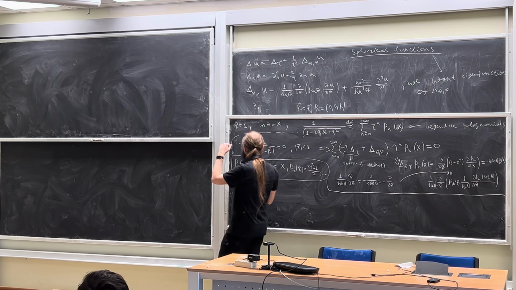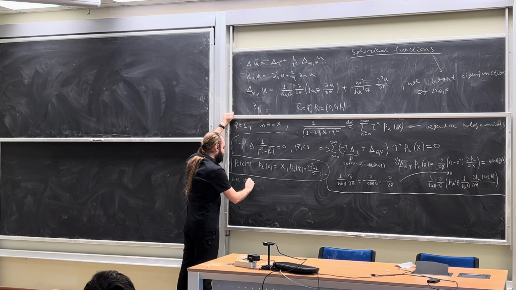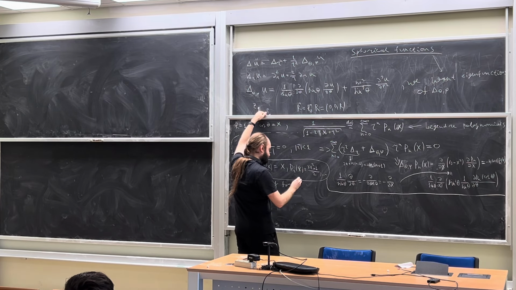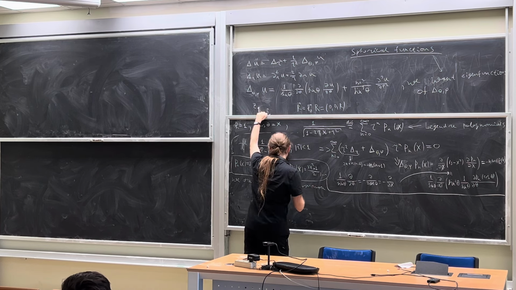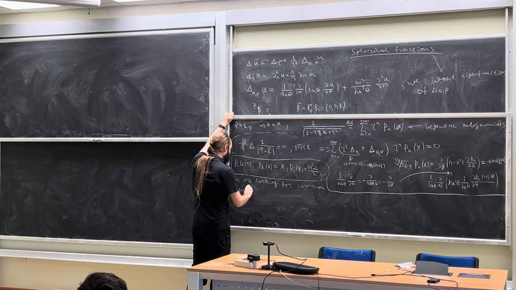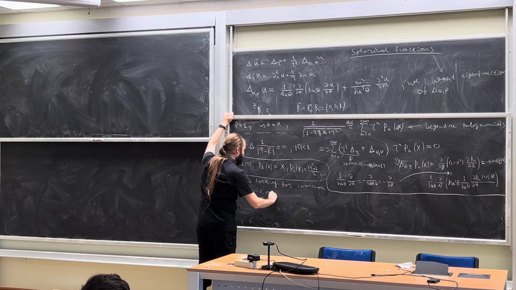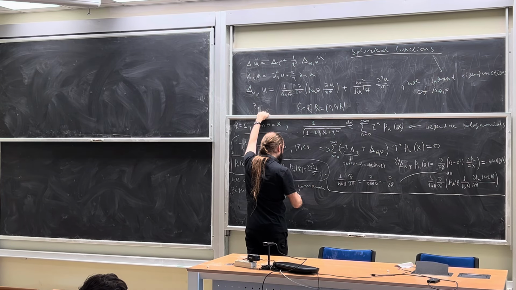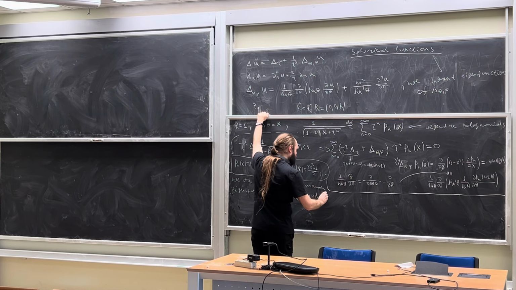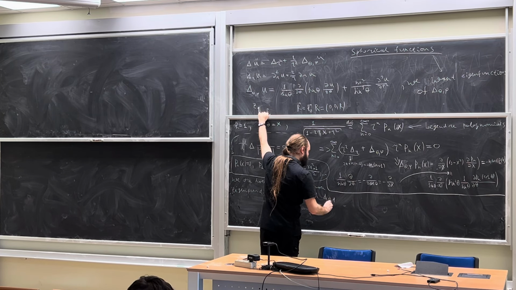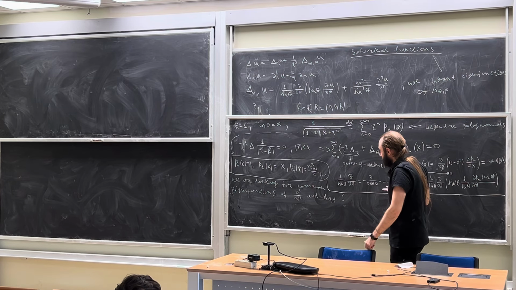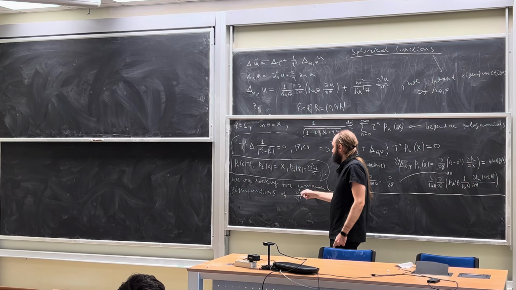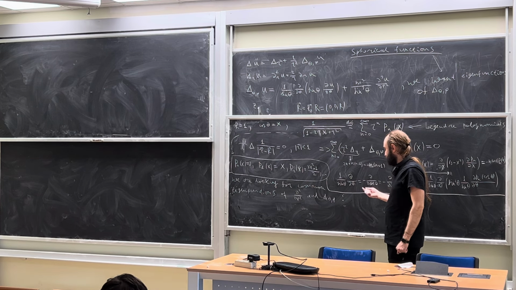And a common eigenfunction of these two operators should have the form e to the i m phi, because they are eigenfunctions of d squared by d phi squared, times some function of theta.